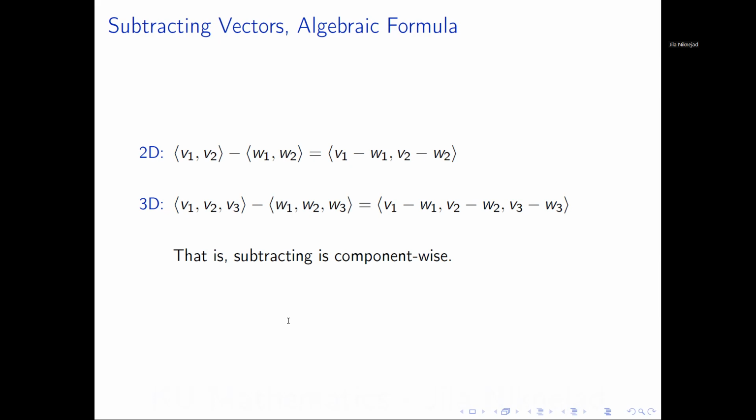Subtracting vectors algebraically, again, if you have a two-dimensional vector represented by components v1 and v2, and you subtract a two-dimensional vector w1 and w2, then the vector represented by components v1 minus w1 and v2 minus w2 is the subtraction, the difference vector.